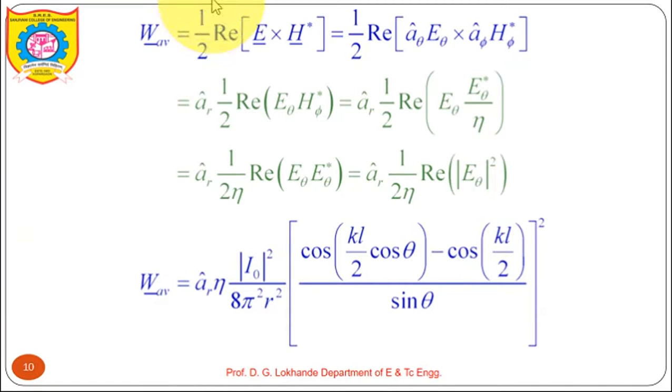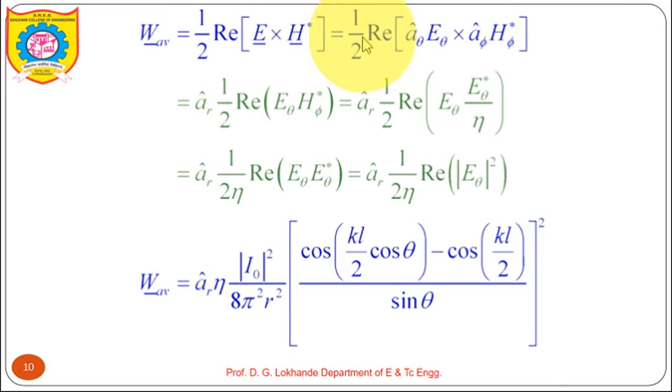Now here we need to observe the average power density of the particular signal. For the dipole, the average Poynting vector can be written as W average equal to 1/2 the real part of E cross H complex conjugate.